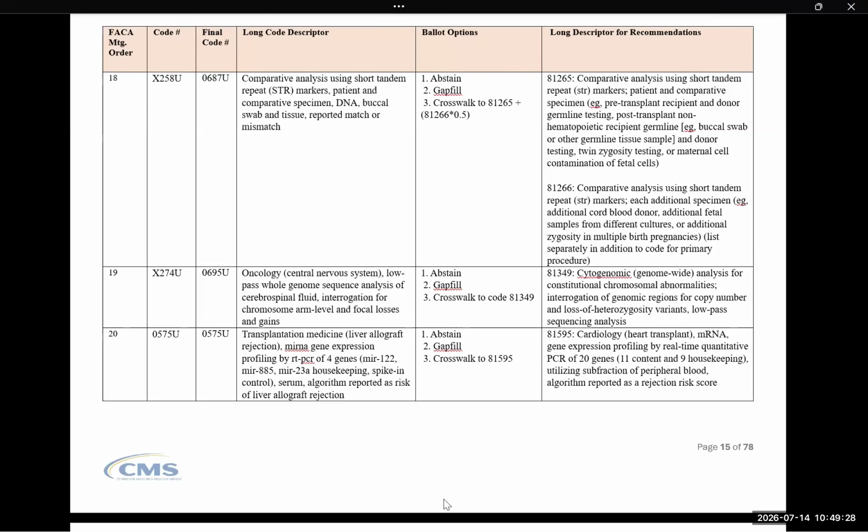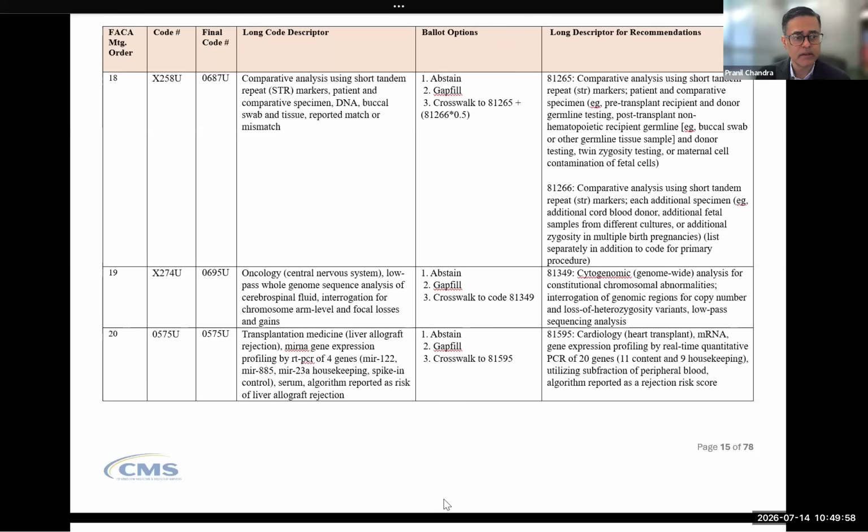All right. If not, everybody please cast your votes. Thank you. And the next one was a reconsideration of code 0575U, staying with Dr. Chandra here.